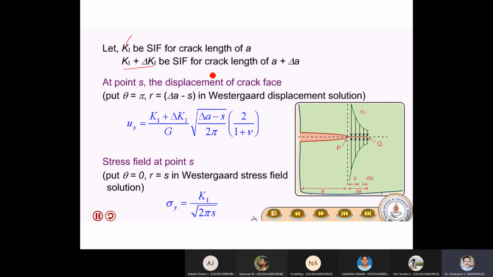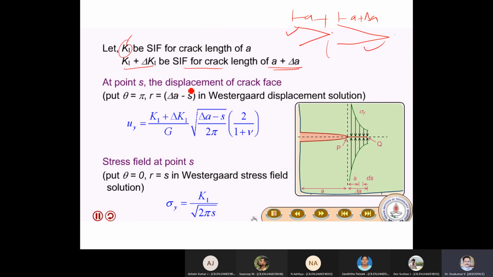K1 plus delta K1 is the stress intensity factor for a plus delta a, because there are two cracks. This is the a plus delta a crack, and this is the a crack. I can find K1 for this one, and K1 plus delta K1 for this case.